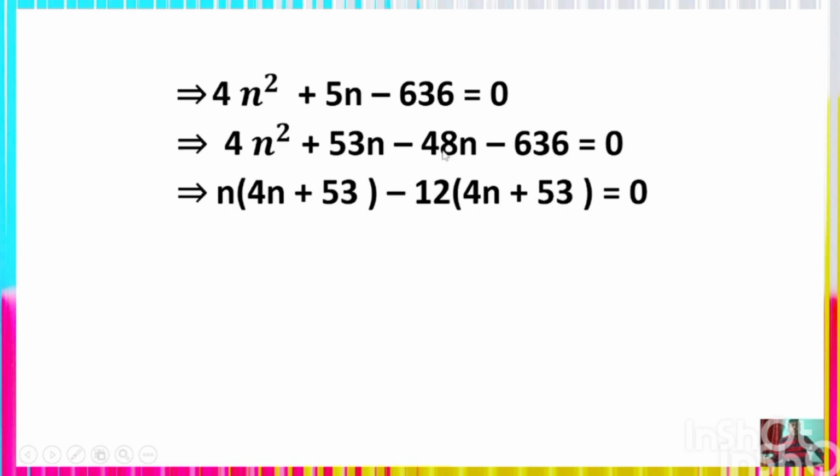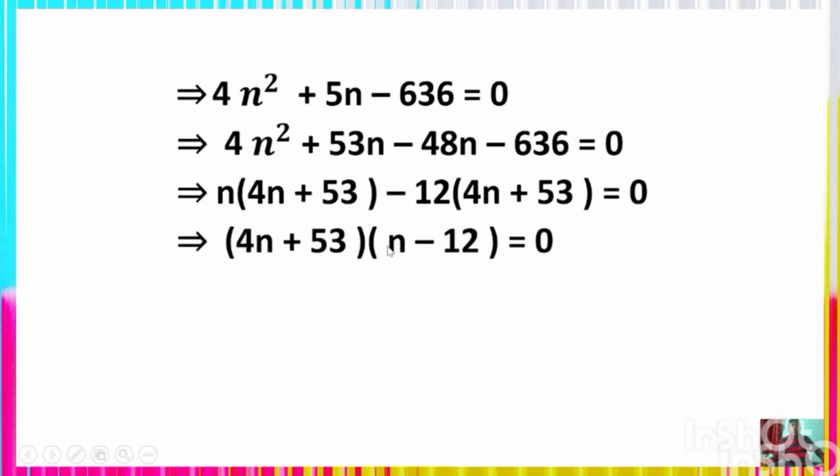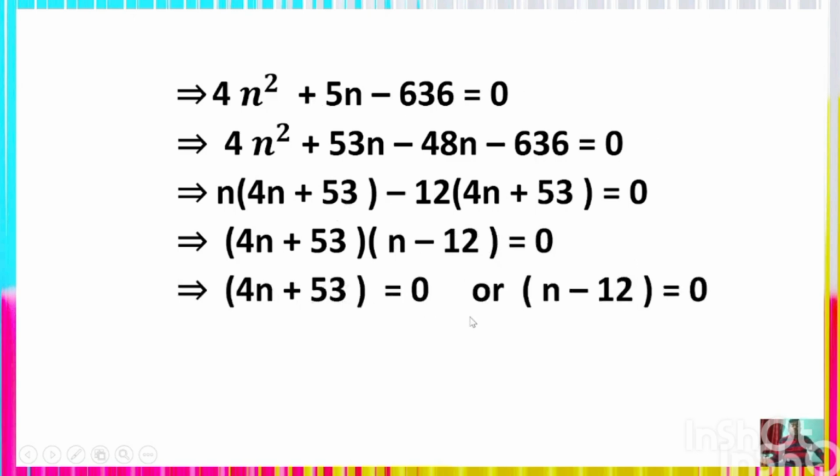Similarly, minus 12 will be taken as a common factor from the last two terms. We shall get minus 12 whole into (4n plus 53), which is equal to 0. Thus we get n whole into (4n plus 53) minus 12 whole into (4n plus 53) is equal to 0. You can write (4n plus 53) whole into (n minus 12) is equal to 0. Thus 4n plus 53 is equal to 0, or n minus 12 is equal to 0.